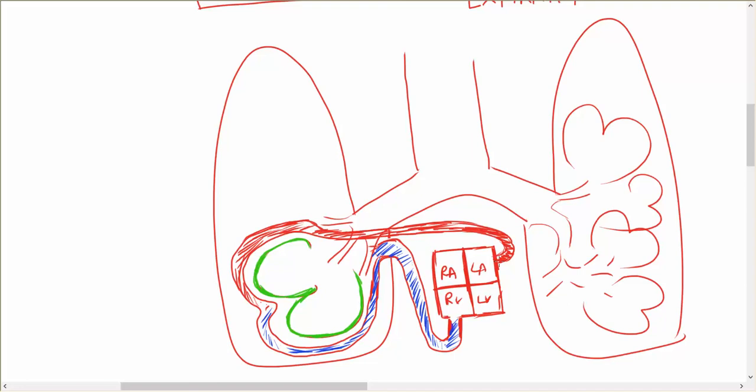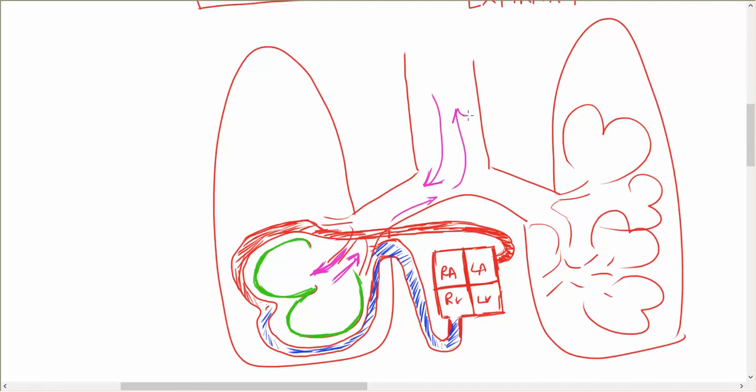Now what happens is the air comes inside during the process of inspiration. It goes into the alveoli, and the exchange happens. Then the air goes out during the process of expiration.